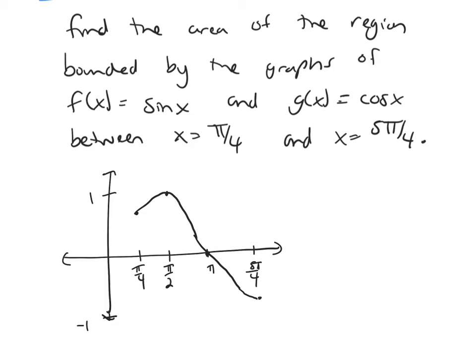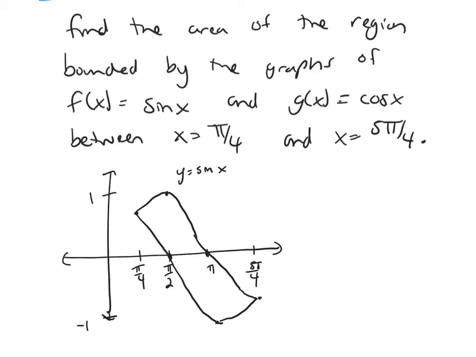So this one is y equals sine x. Now if I graph y equals cosine x, cosine of pi over 2 is 0. Cosine of pi is negative 1. And there we go. So there's my region.